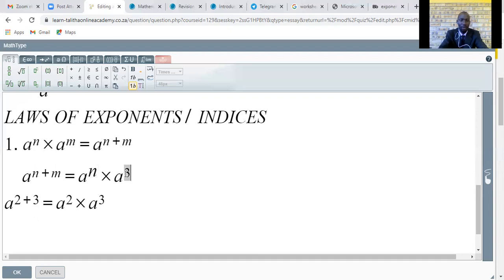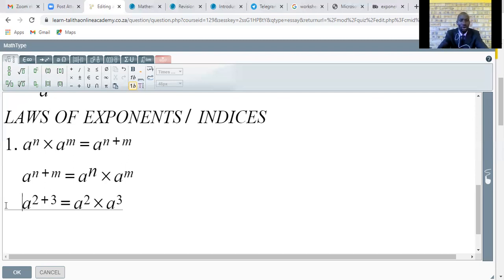And when we put numbers instead, like n represented by 2 and m represented by 3, this will give us a power 2 times a raised to the power of 3. So it's very important that we get that.